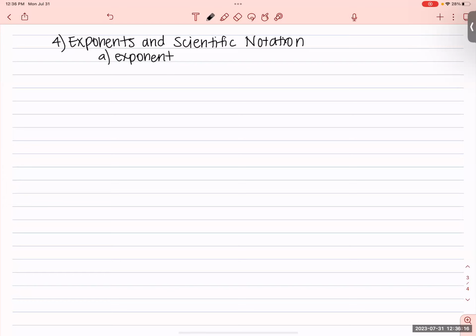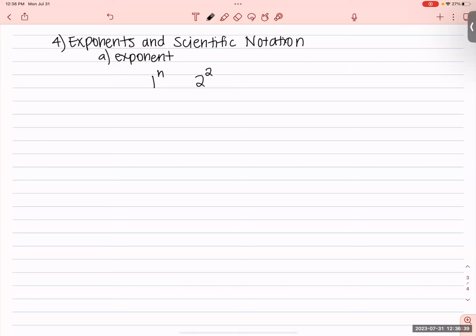So an exponent is just a number that is raised by another number. And it means how many times you multiply the original number by itself, which is kind of confusing. So let's look at an example.